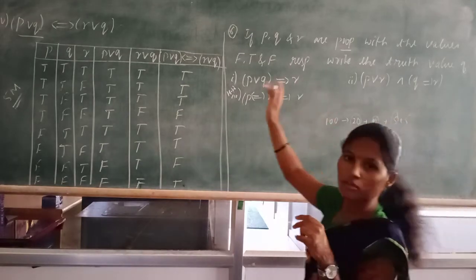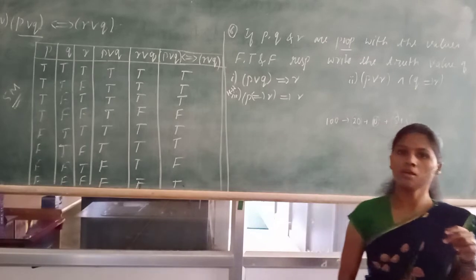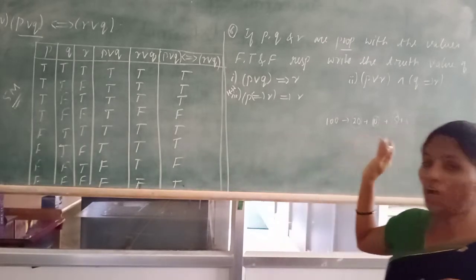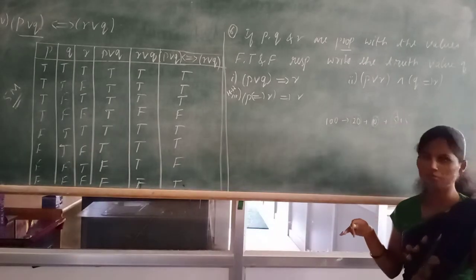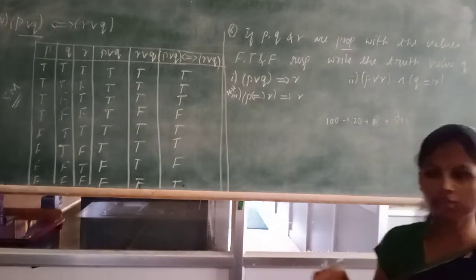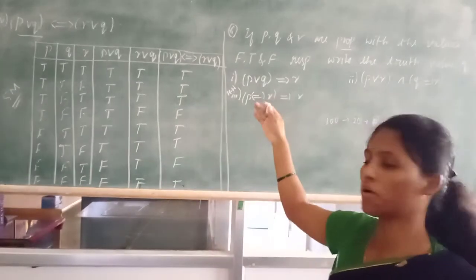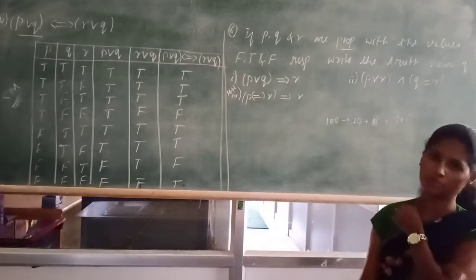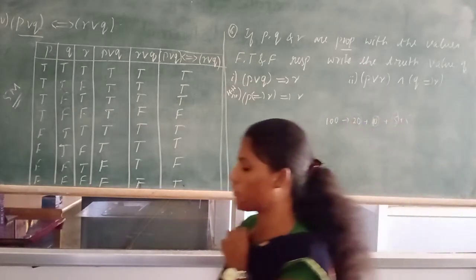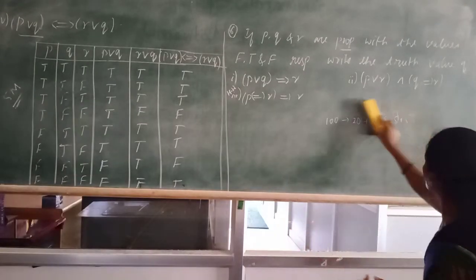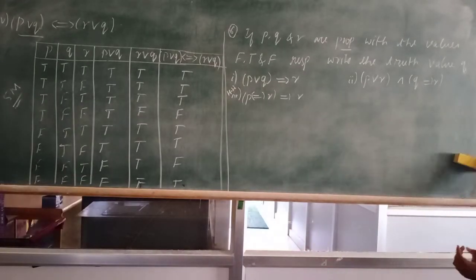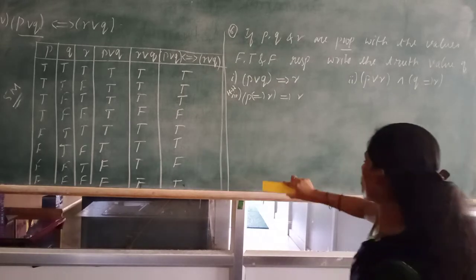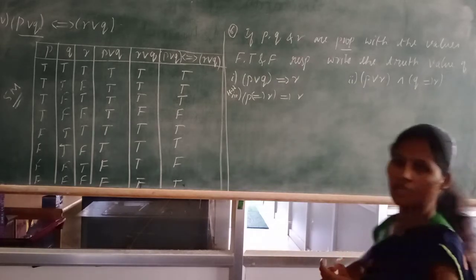So the homework problems I give, you have to write in your assignment, from today onwards. If you have doubts, call or WhatsApp the same number and clear your doubts.